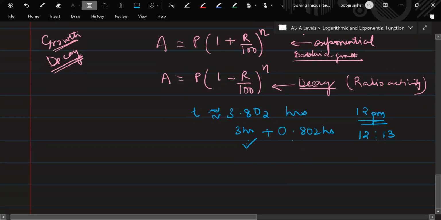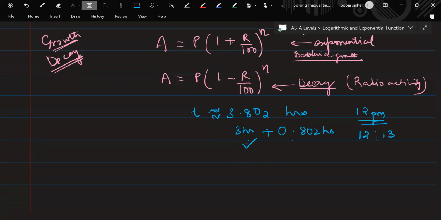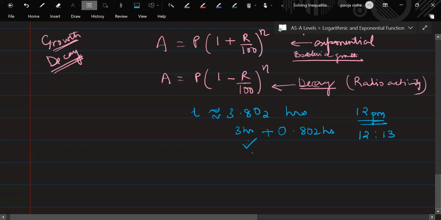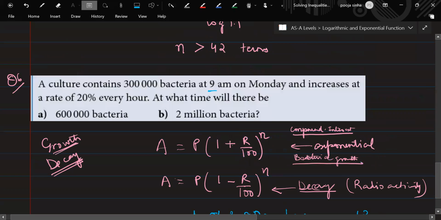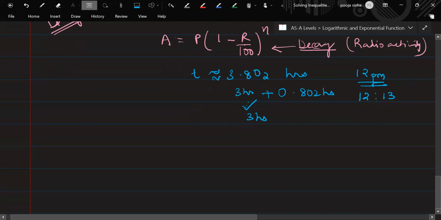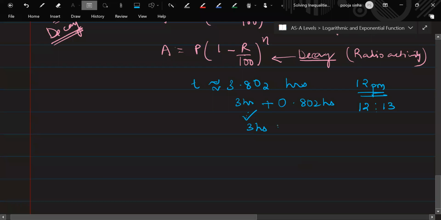So 0.802 has to be multiplied by 60. Do we have to write minutes also? We will have to, because it's asking at what time this will be. So it's 12 hours plus 48 minutes approximately. So it's not 12:13, it should be 12:48.